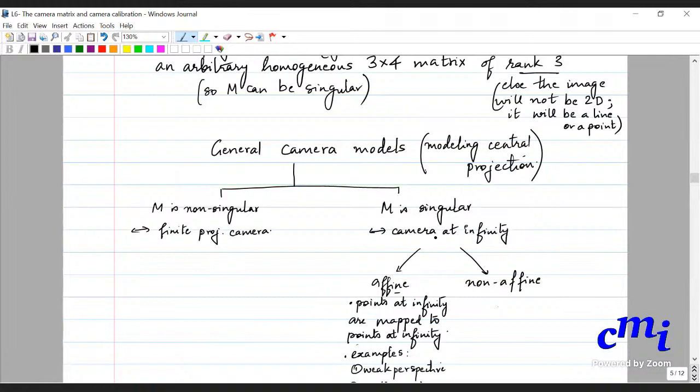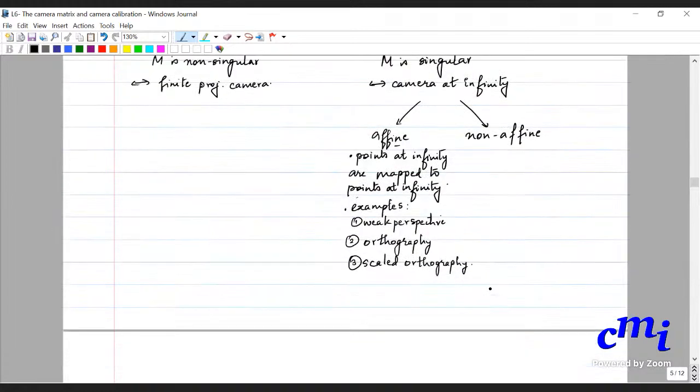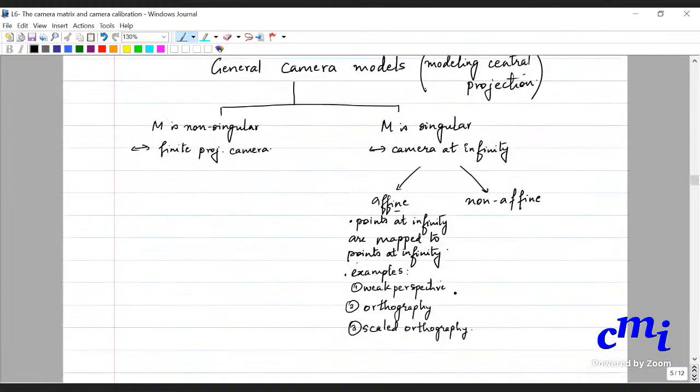This is not your regular camera, but theoretically you can talk about cameras like this. As I was saying earlier, one kind of camera at infinity is called the affine camera, which maps points at infinity to points at infinity. One example of that is a weak perspective camera, where the scene relief is small, and we discussed all that.